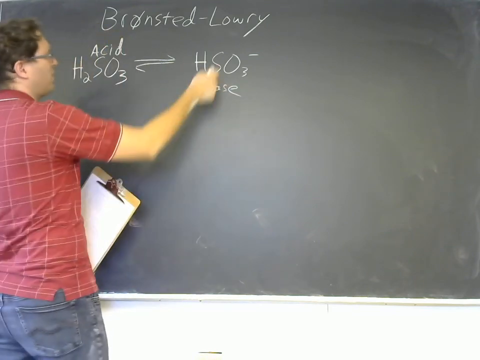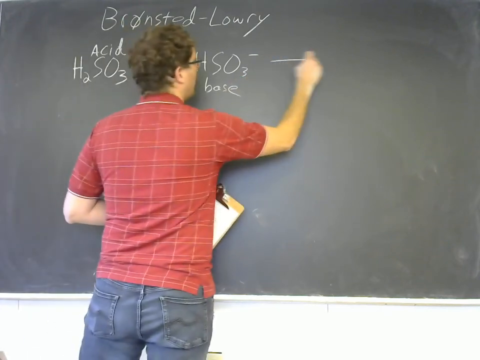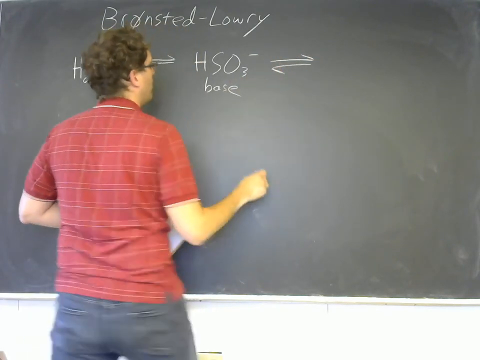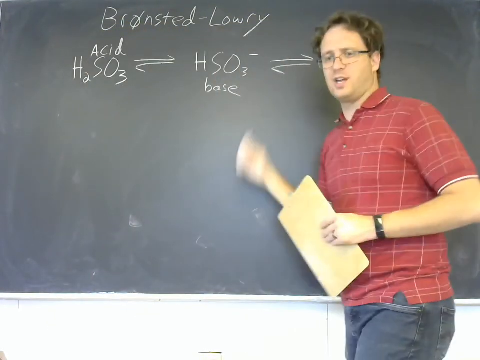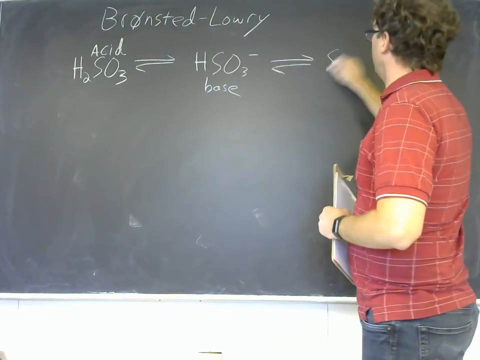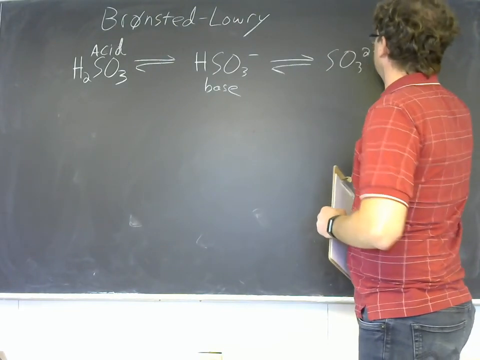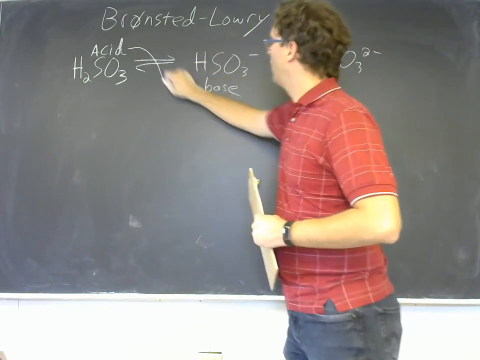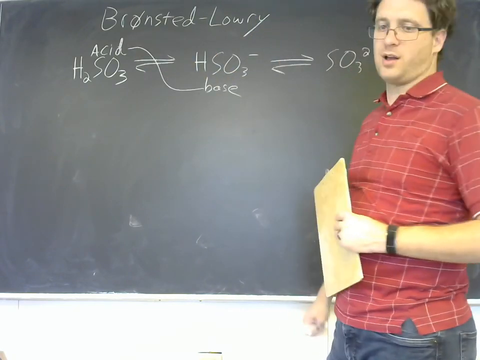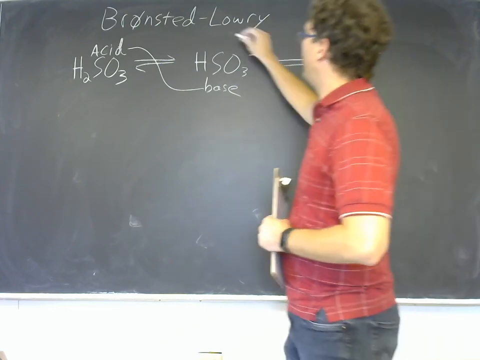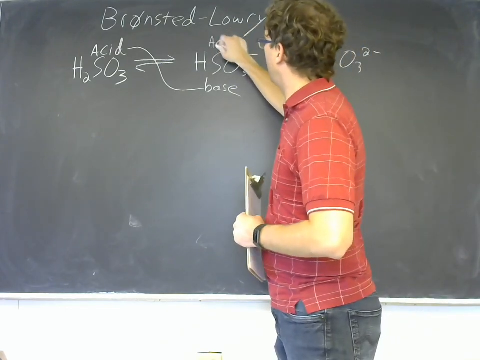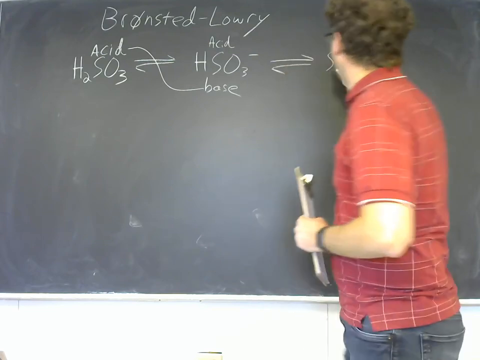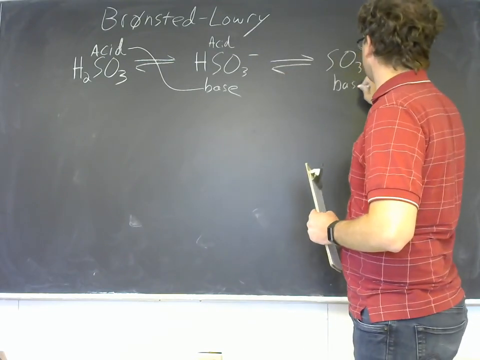But HSO3 minus can also donate a proton. And what would be the conjugate to HSO3? That would be SO3 2 minus. And these are linked as a conjugate acid-base pair. But HSO3 minus can also act as an acid, and it has its own conjugate base.